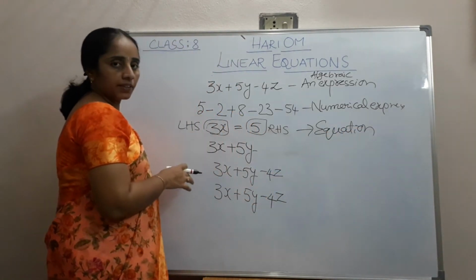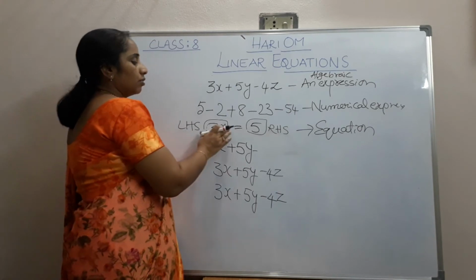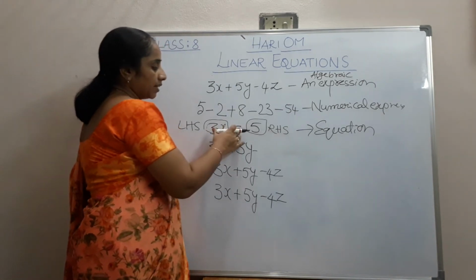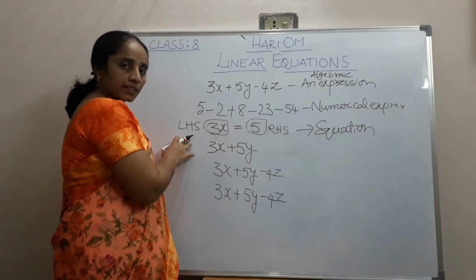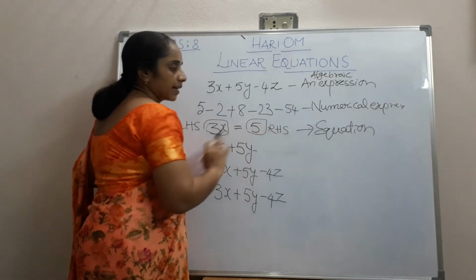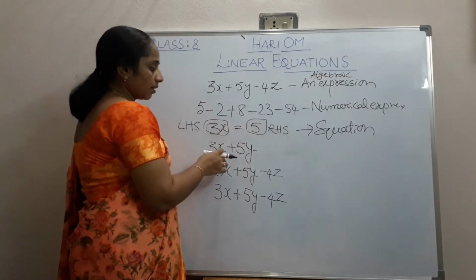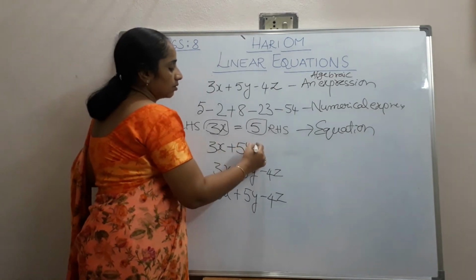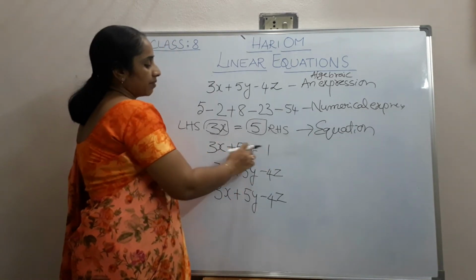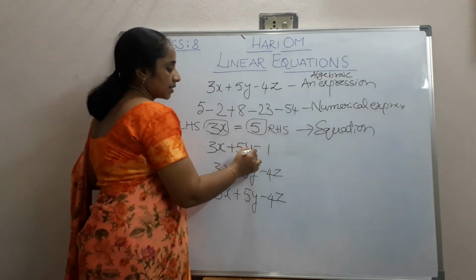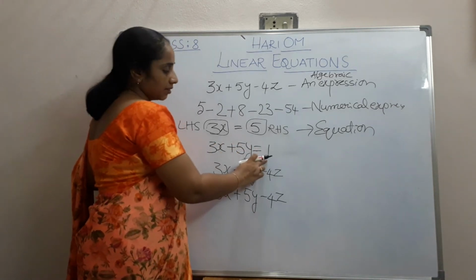So in an equation, we have two parts, the left hand side and the right hand side. Here also, 3x plus 5y is equal to 1 is also an equation.